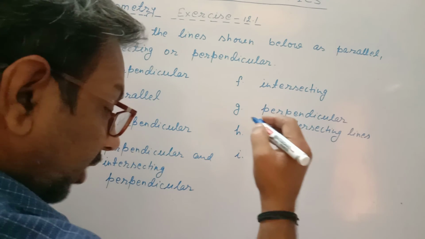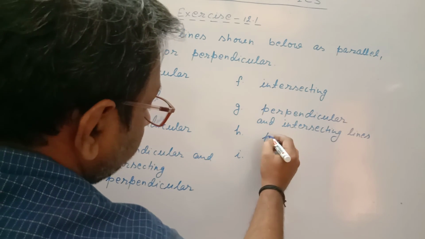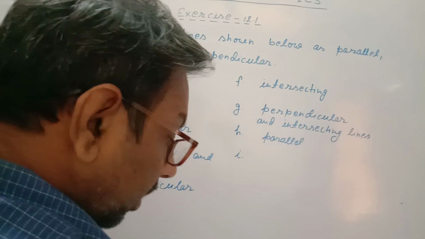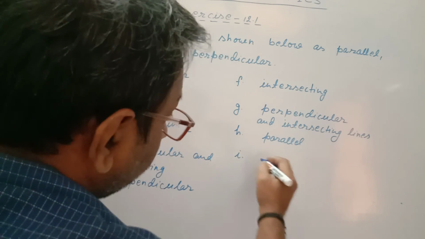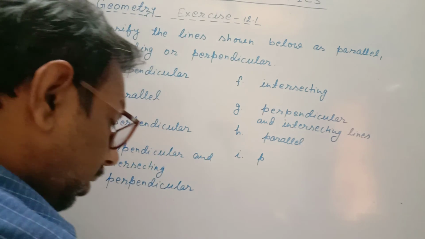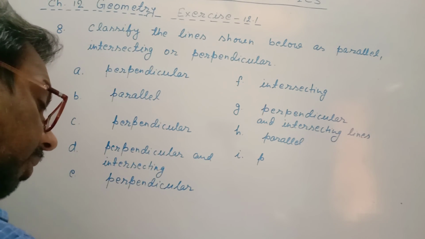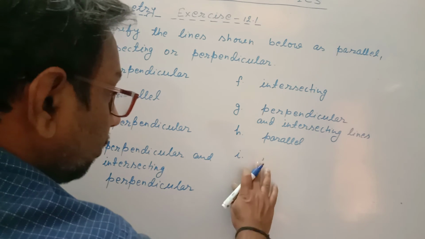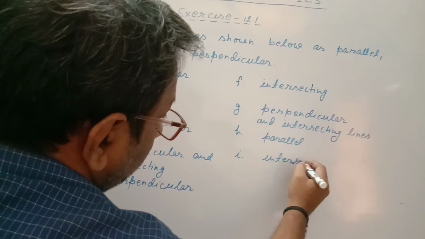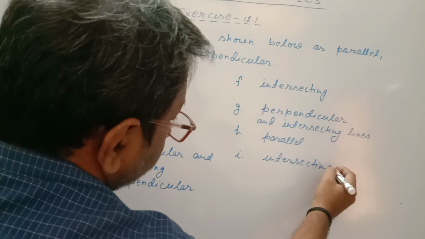In question number H, those two lines are parallel. In question number I, those two lines are perpendicular and intersecting. Since here the symbol of perpendicular, that 90 degree, is not given, so we write only intersecting, not perpendicular. Intersecting lines.